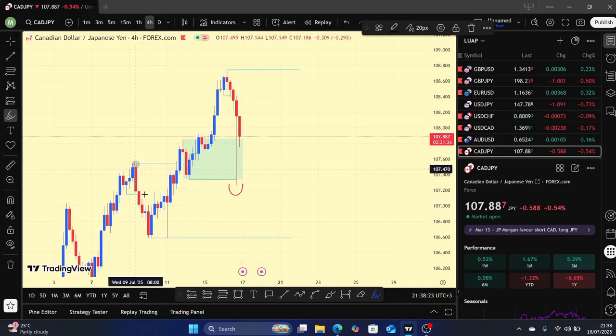Right after price has taken out the inducement, it doesn't matter if it's major or minor, this one here is already a confirmed swing point. It doesn't matter how much further price goes taking this sell side liquidity, as long as it has taken out the first, this one is already confirmed as a swing point, and now we'll be waiting for price to reverse and break past the swing point to confirm that bullish breakout structure.